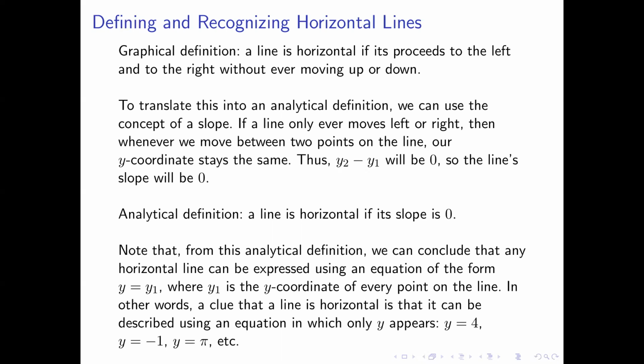Y equals a constant. X doesn't need to appear because if you go to one of our linear equation forms, if m is equal to 0, x will end up not mattering. So that is a way to take our graphical characterization of a horizontal line and transform it into an analytical one. We now know what the equation for a horizontal line looks like, or at least one type of equation for a horizontal line. Let's turn to vertical lines, which are similar.